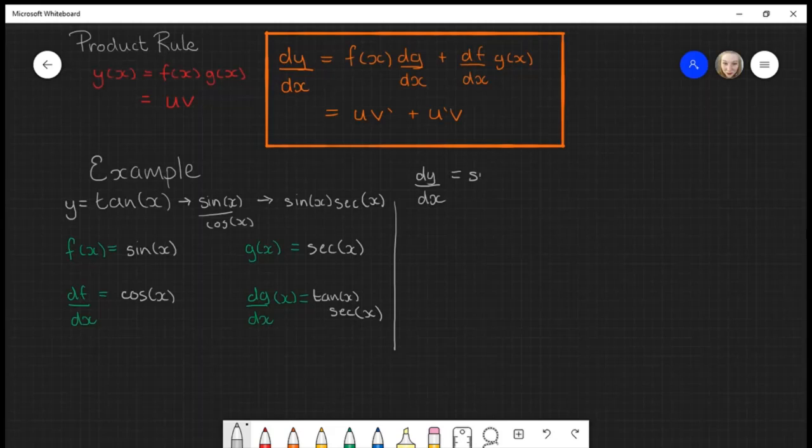So that becomes sine x times tan x times sec x, which is really long. And then the second half is cos x times sec x. Factorize out a factor of sec.